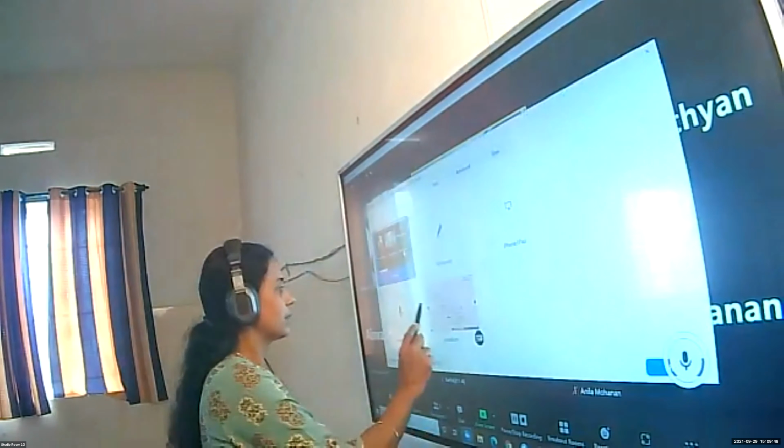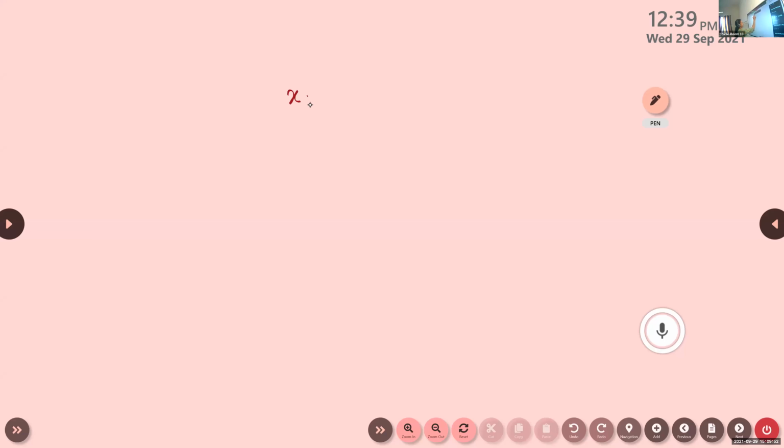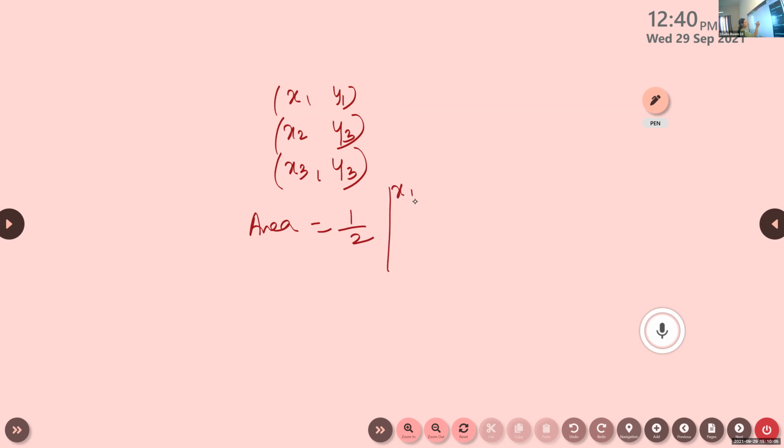Now only I remember, area of the triangle. If (x1, y1), (x2, y2) and (x3, y3) are the vertices of the triangle, then the area of the triangle is given by half into the determinant with rows x1, y1, 1; x2, y2, 1; and x3, y3, 1.